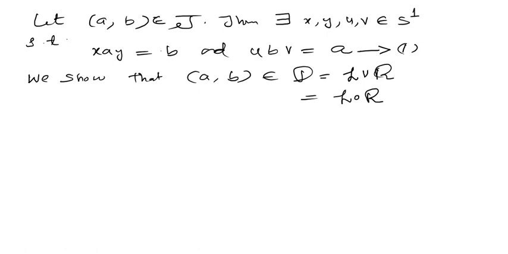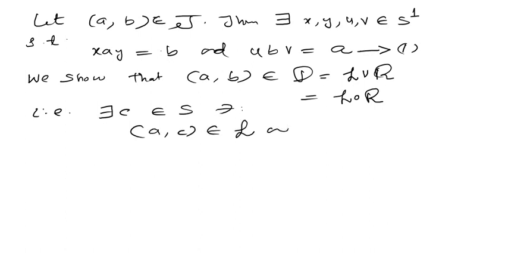It's L composition R. So we will prove (a, b) is in D, where D is L composition R. That is, there exists c in S such that (a, c) belongs to L and (c, b) belongs to R. We need a c with this condition.